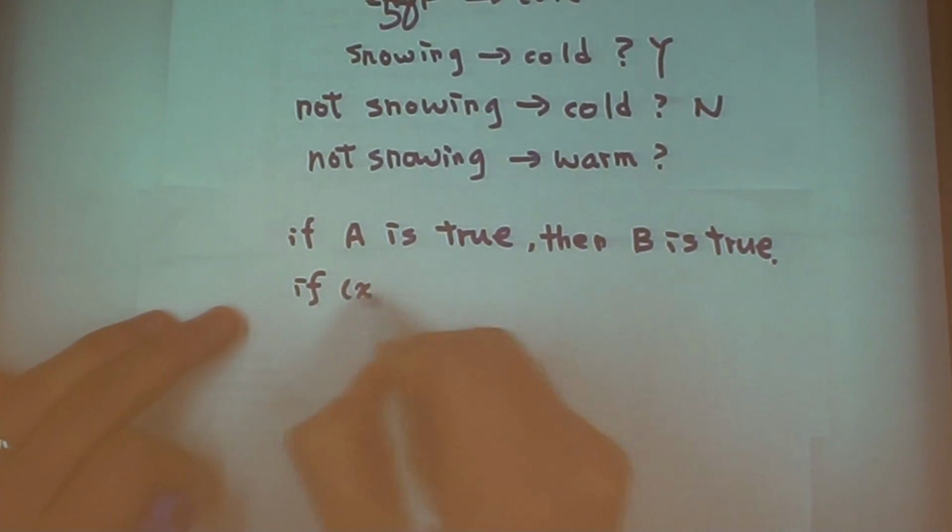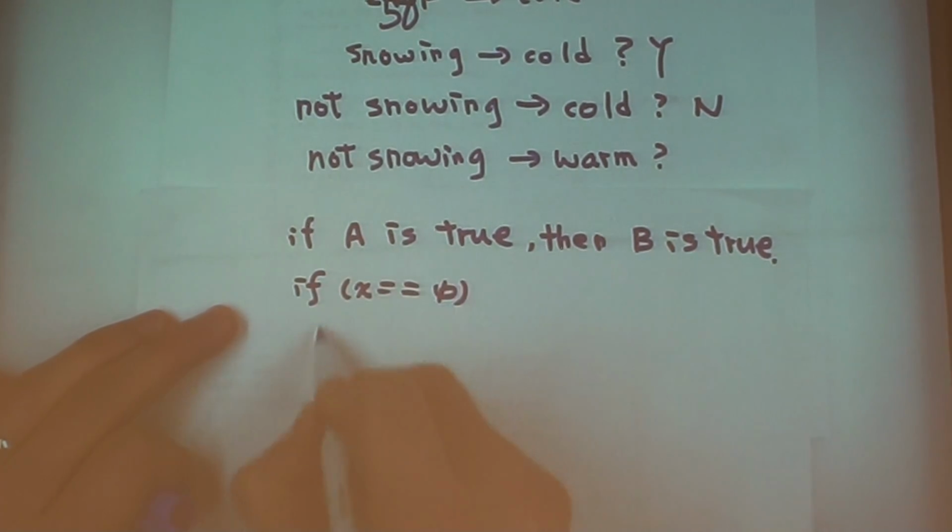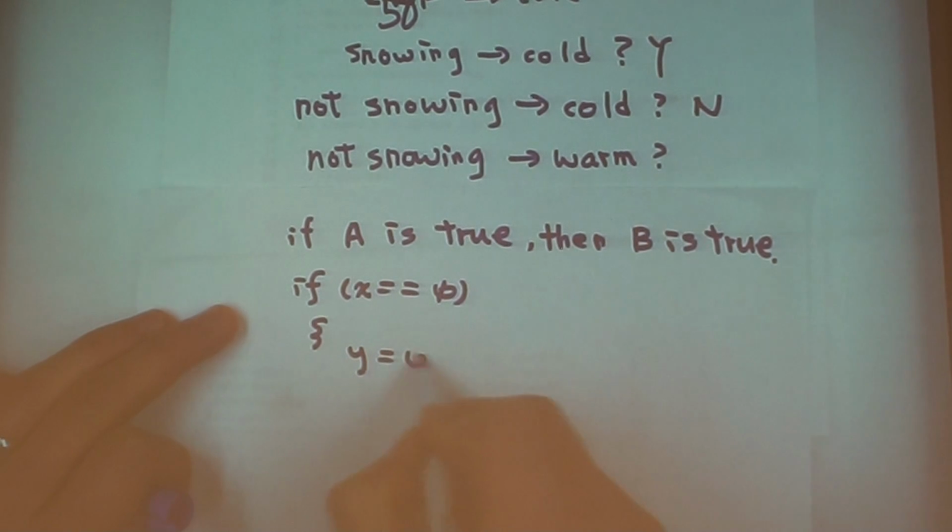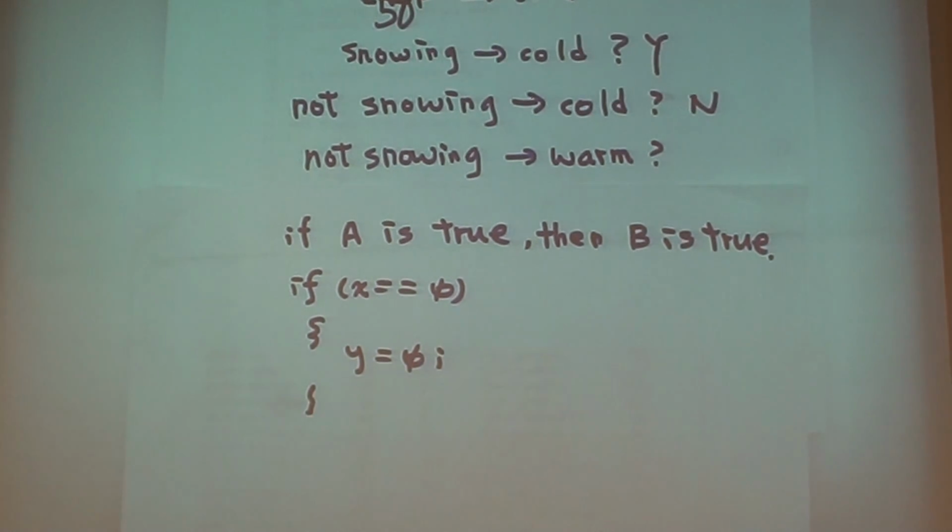If x is 0, I will make y 0. So that's what you see in your program. So if A is true means if x is 0, I'm going to make y 0. So B is true. B in this case means y is 0.